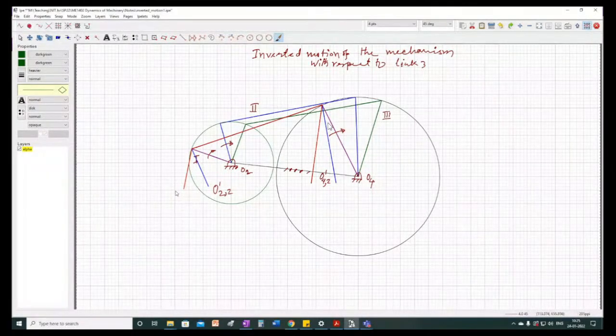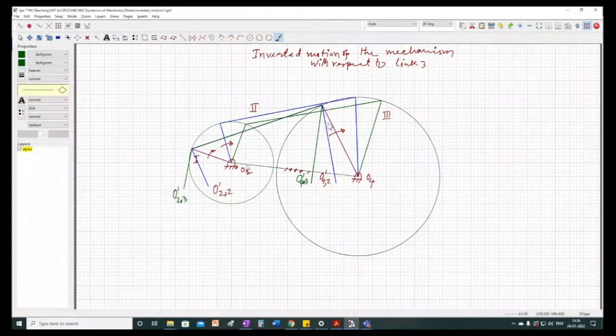So this point is now O2, and it is inverted with respect to position 1, but this is the third position. Okay, from the third position we obtain this, and now this is another point O4, which is O4 inverted with respect to position 1, and we have got it from position 3.